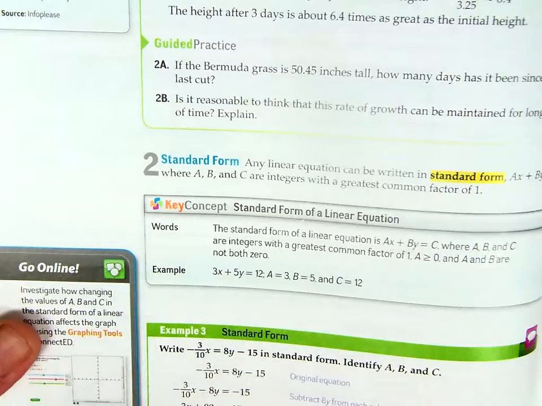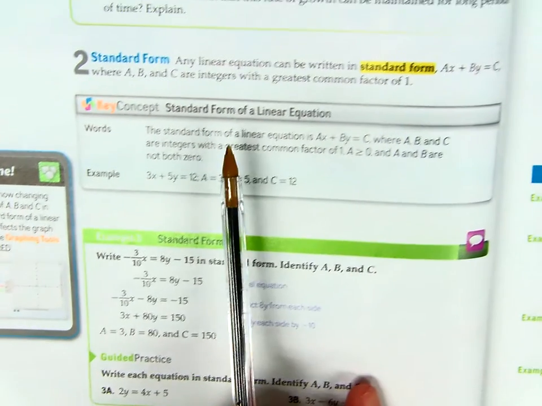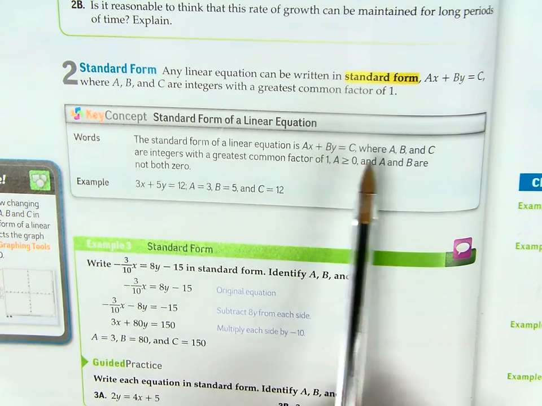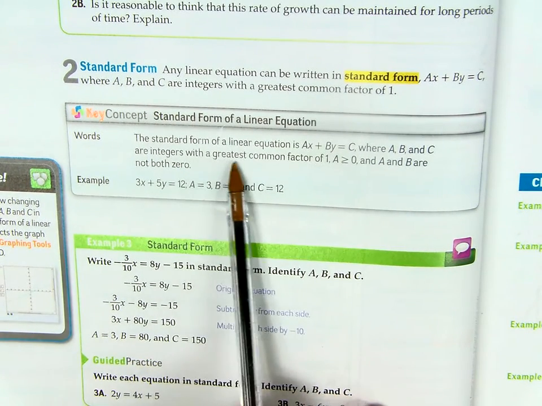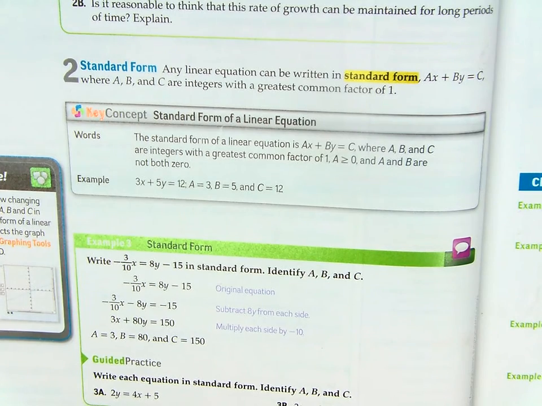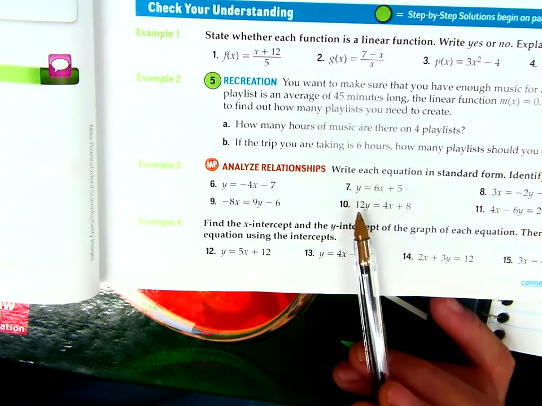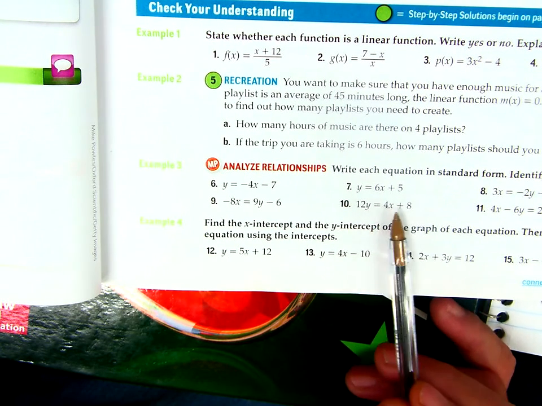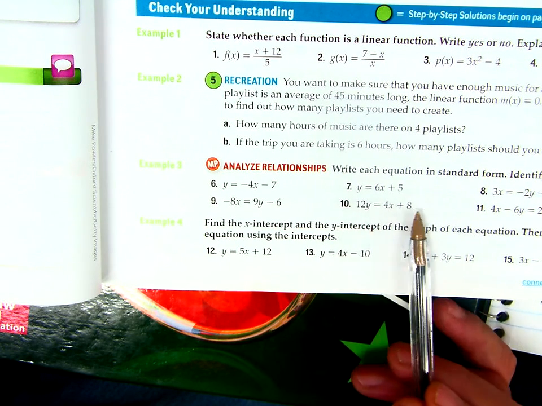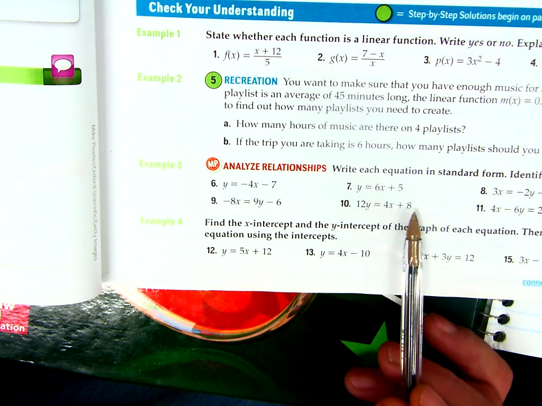Let me point out this one thing that it said about standard form. It said that A, B, and C are integers with the greatest common factor of 1. That means if you can, like on number 10 right here, on page 71, here the greatest factor of all three terms is not 1, because you can divide a 4 out of every single term.